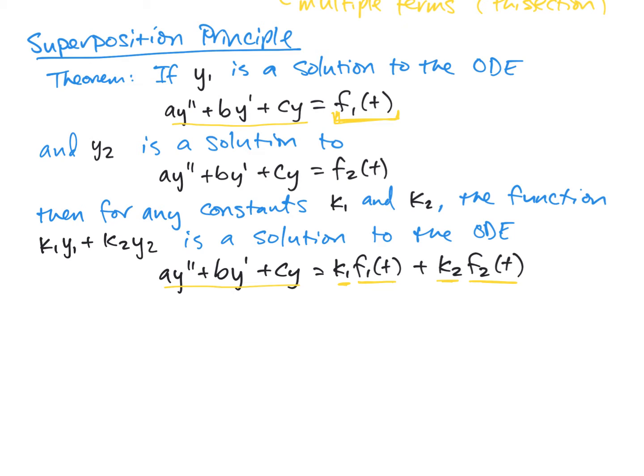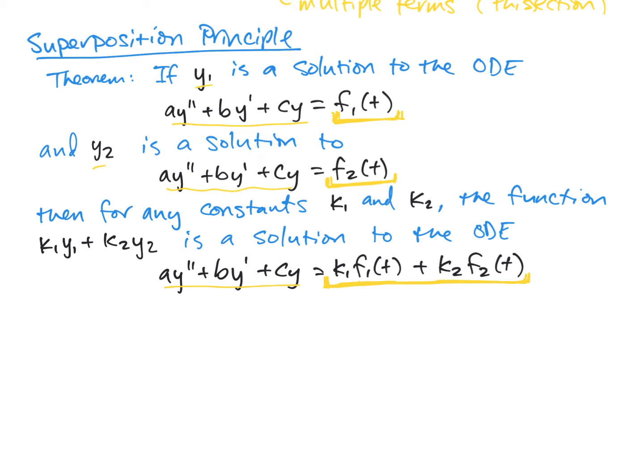And so we're going to apply this to the case where we know how to find the solution where we have a single term on the right-hand side. If you know a solution y1 to the equation with this particular term on the right-hand side, and you know the solution y2 to the same equation except that on the right-hand side we now have a different term, then you can find a solution to some linear combination of those right-hand sides.